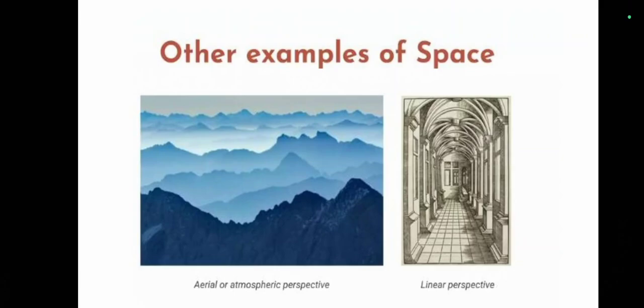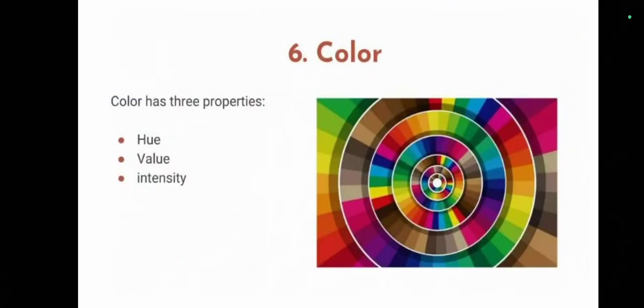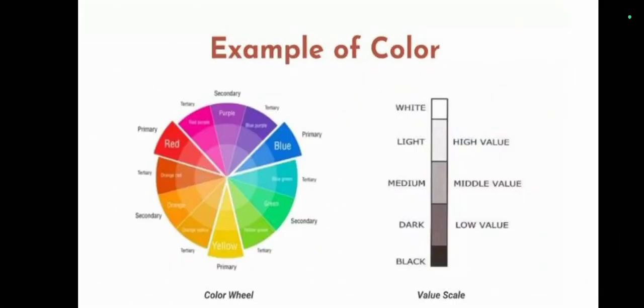And intensity, we will see as contrast. On our mobile screen we can lower or raise the contrast. That is what we call the intensity of light. So these are the examples of colors.